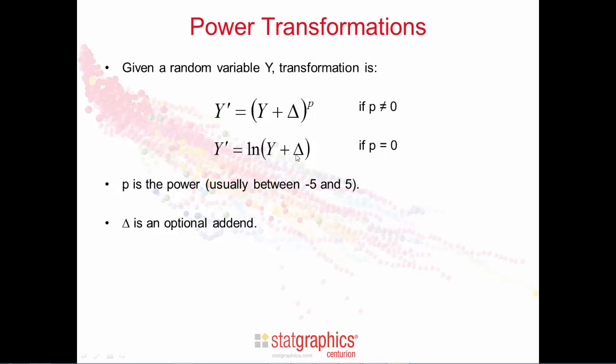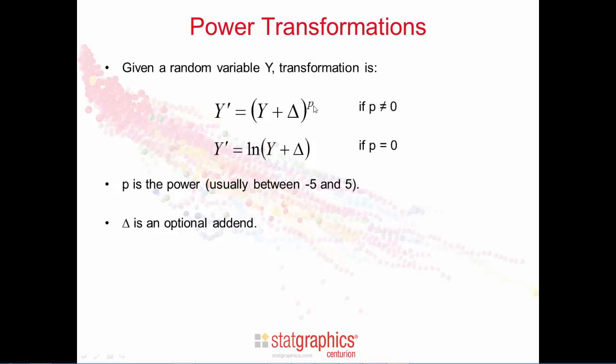It turns out that in many cases, if you pick some p between -5 and 5, you can find a transformed metric y prime in which the transformed values are well modeled by a normal distribution, even if the distribution of the original data are not normal.